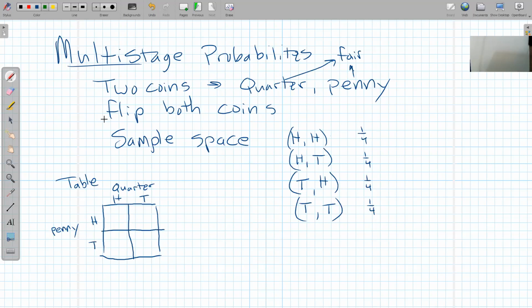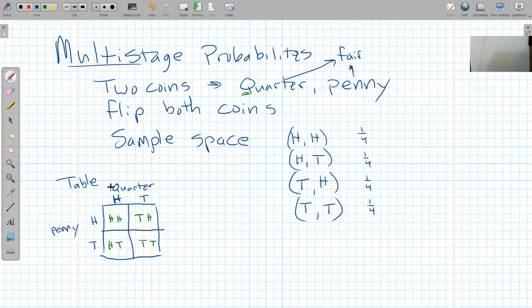And then inside of the table, listing quarter first, I could have a head, head, a tail, head, a head, tail, or a tail, tail. These are the outcomes I had here, but organized in a table, a little better.